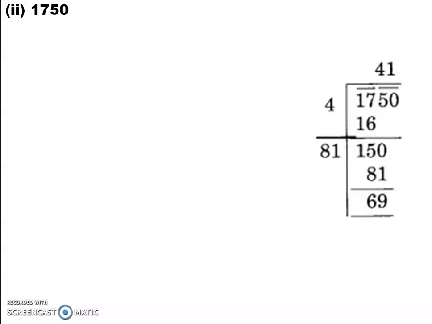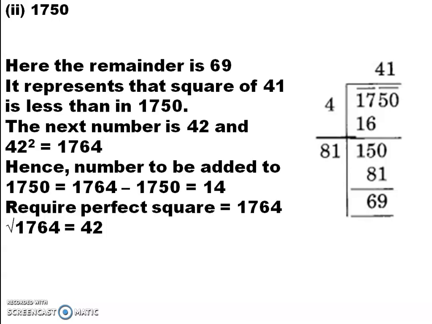Find the square of 42. What is 42 into 42? It is 1764. How will you get the smallest number that should be added? 1764 minus 1750.